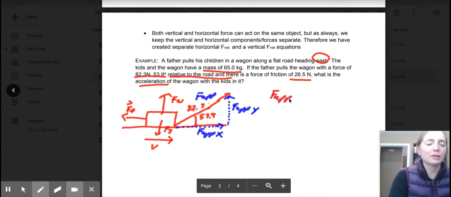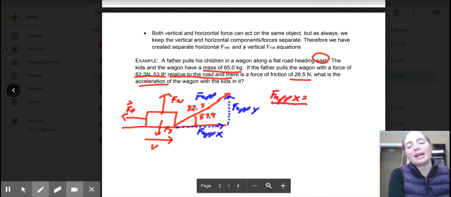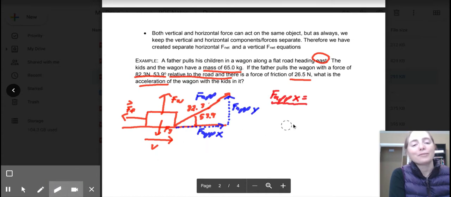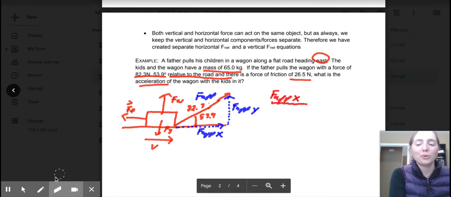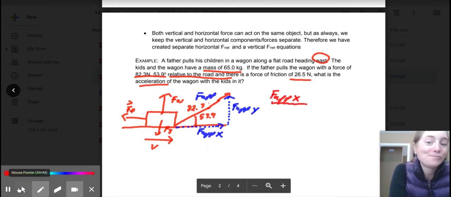So our force applied overall is our hypotenuse. Okay? We are going to be using trig in order to determine what that force applied on the x is. So am I going to be using cosine, sine, or tangent?